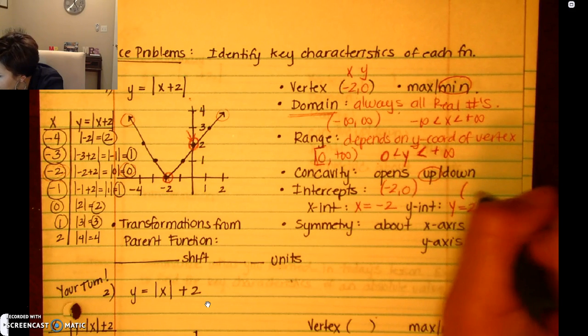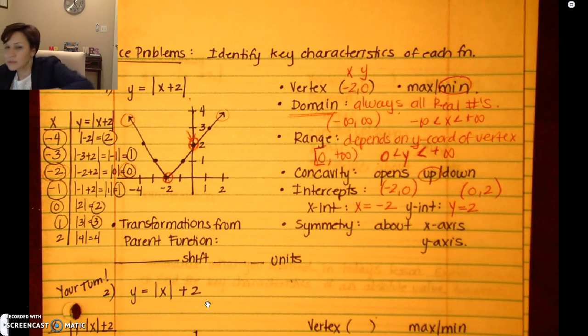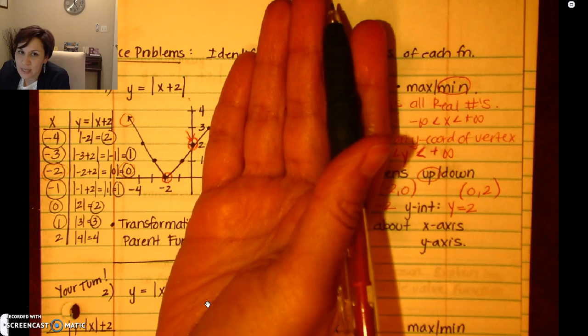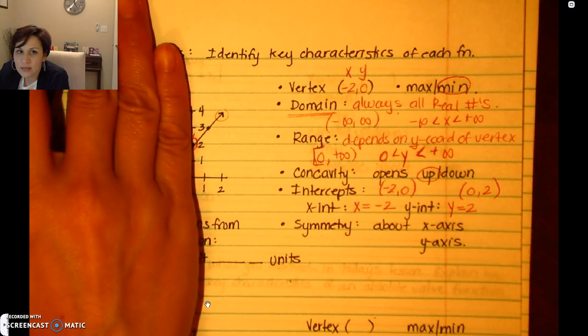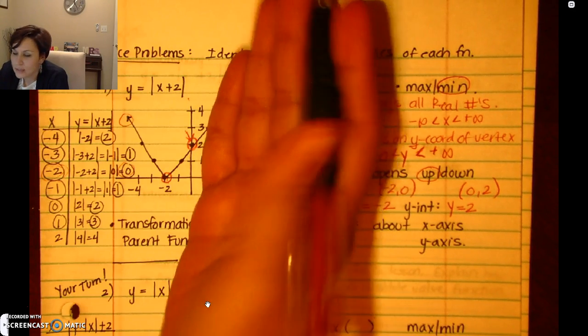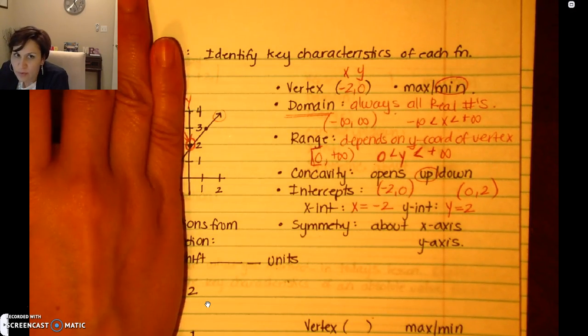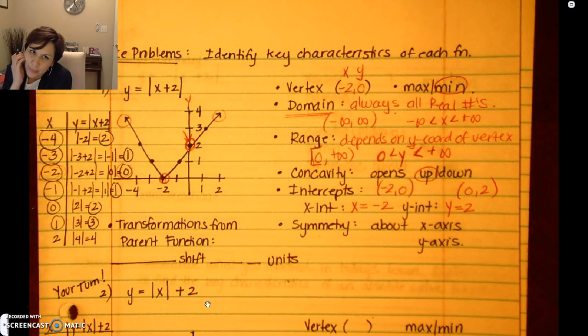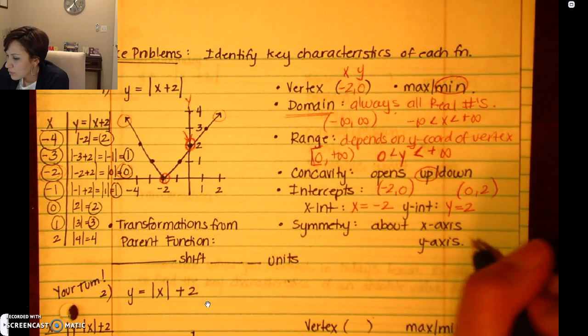The y-intercept occurs at 0, +2. Okay, next question, is it symmetric? Does it look the same on both sides of the y-axis? If I were to fold this paper over or copy this part to that side, do they look the same? The answer is no.